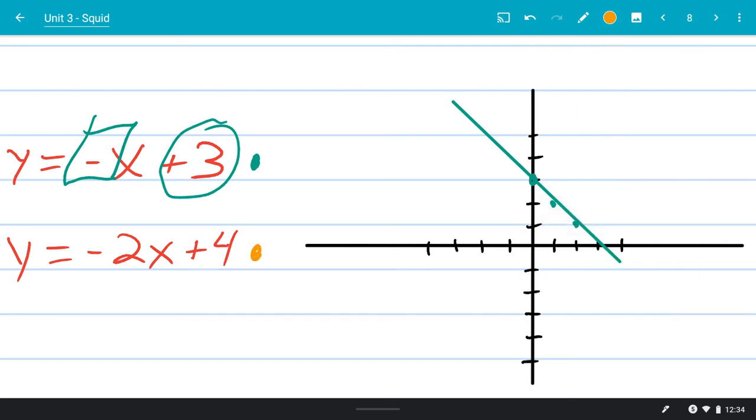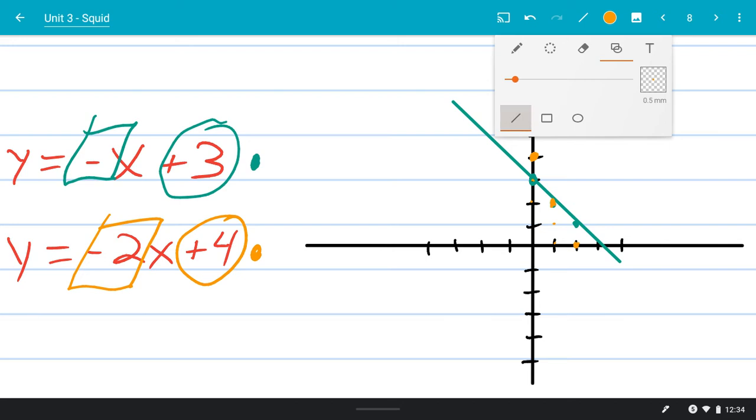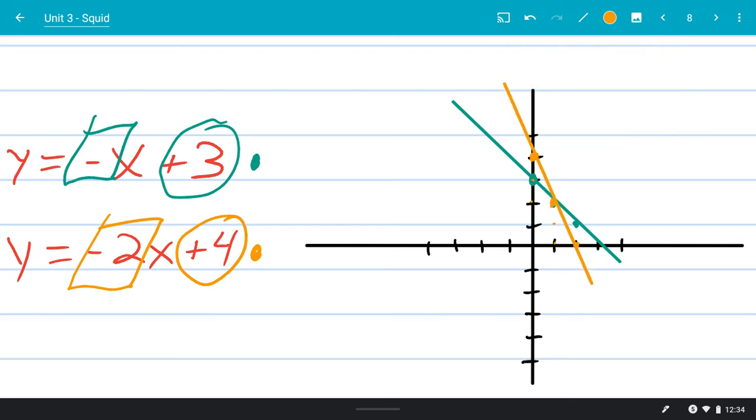My y-intercept is 4, and my slope is -2. So I'm going to go down 2 over 1. Well, that's nice. Down 2 over 1. Let's draw a straight line from there, something like that. Again, just rude.